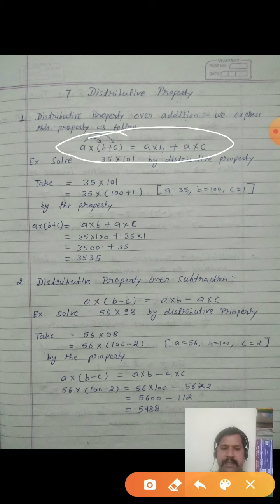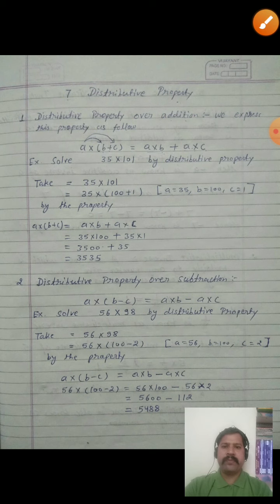Now, the example is: solve 35 into 101 by distributive property. Now, we can multiply these two numbers easily using this property. According to this property, we want to distribute a number in two parts.